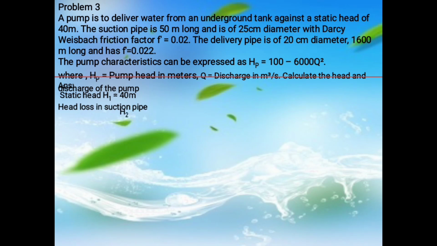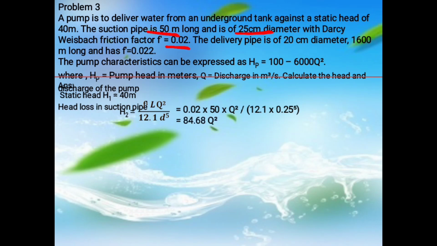Head loss in suction pipe equal to F dash into L into Q square divided by 12.1 d raised to 5, that equal to, the value of F dash in suction pipe equal to 0.02 into L, L is length of the pipe 50 meter, into Q square divided by 12.1 into diameter of the pipe, that is suction pipe diameter is 25 centimeter, that is 0.25 meter, 0.25 raised to 5, that equal to 84.68 Q square.